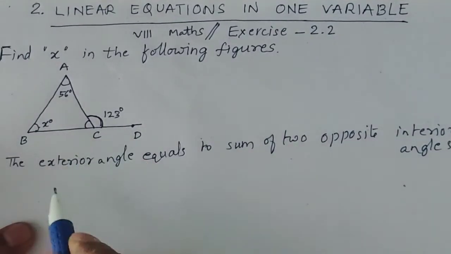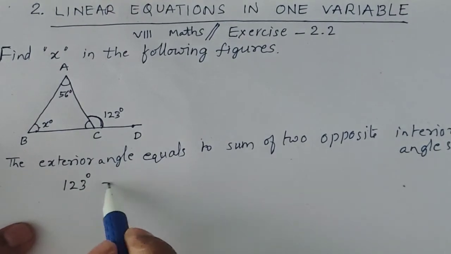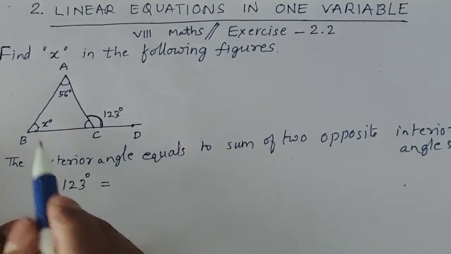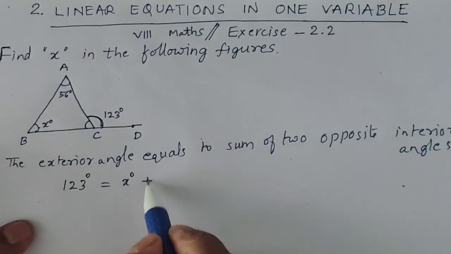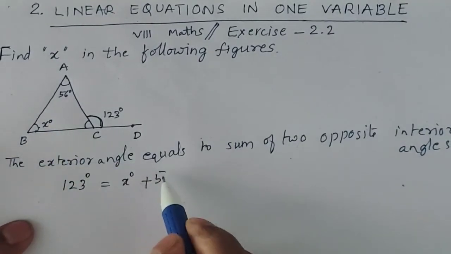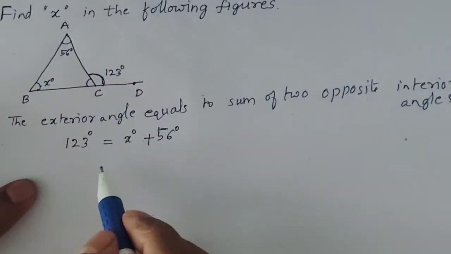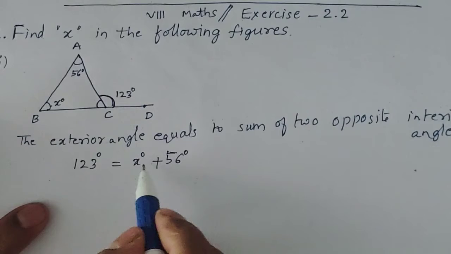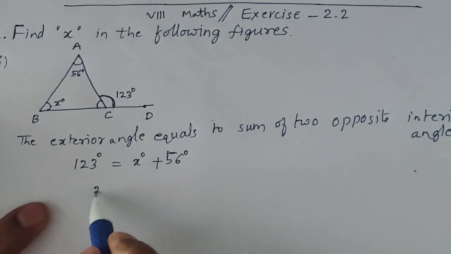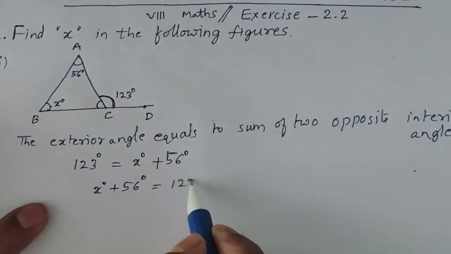So what is the exterior angle here? The exterior angle is 123 degrees. That equals x degrees, an interior angle, plus 56 degrees, also an interior angle. So I'm writing x plus 56 degrees is equal to 123 degrees.